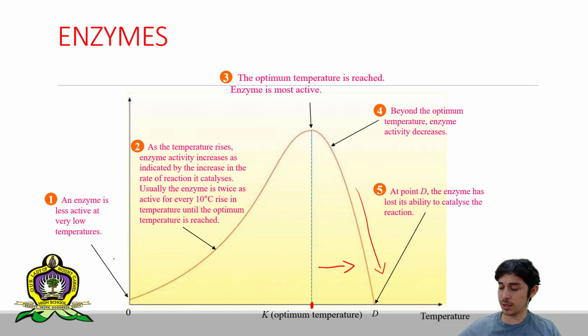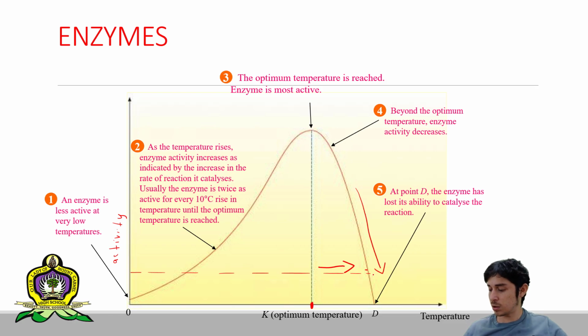So on the y-axis, you will find enzyme activity. You notice that at very high temperatures, activity becomes low. Let me just show you what I mean. You notice that at high temperatures, the activity itself is very low.